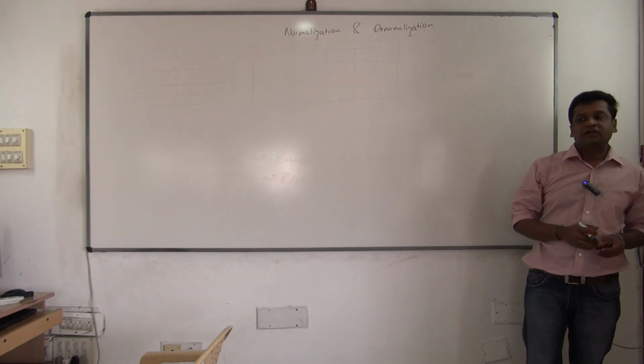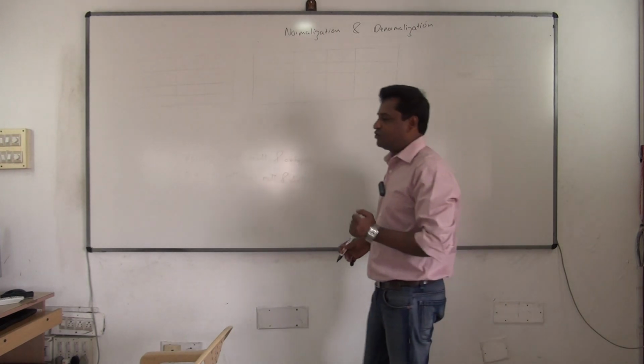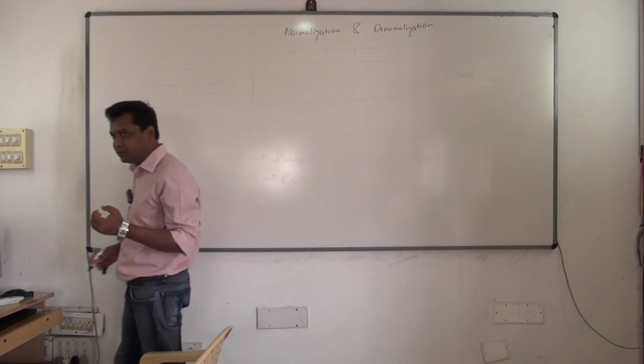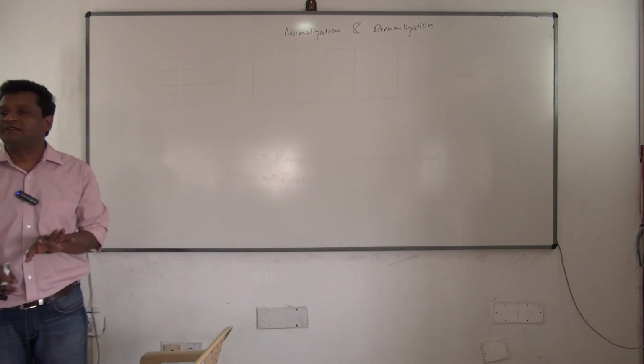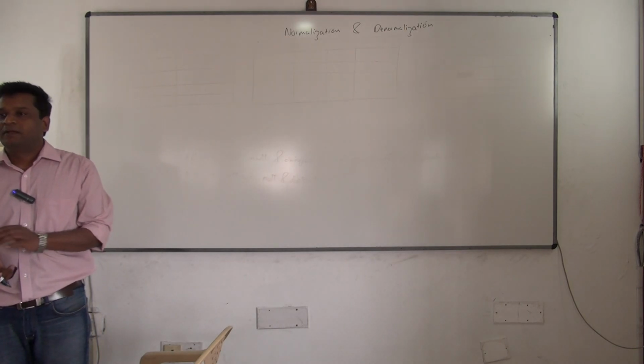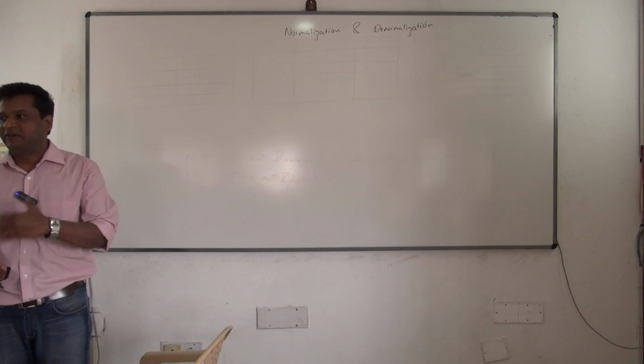So what are these two? In fact, this is such a huge subject, you don't have to worry about all this now. Already indirectly you know what normalization is. I just highlighted it now.